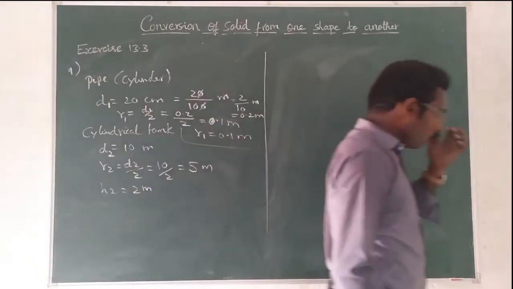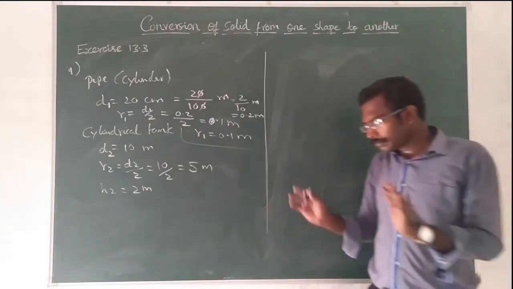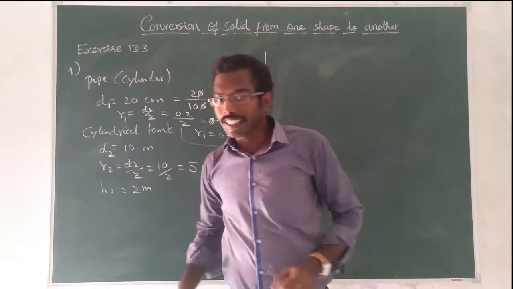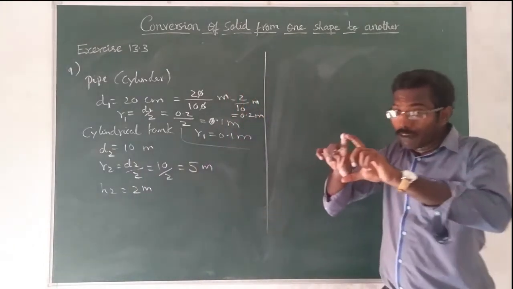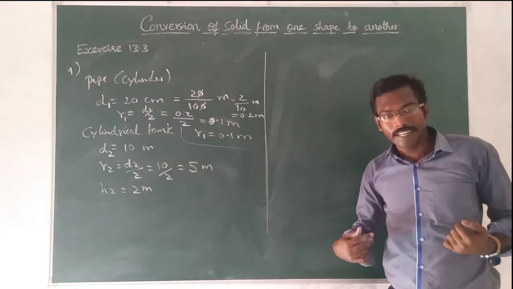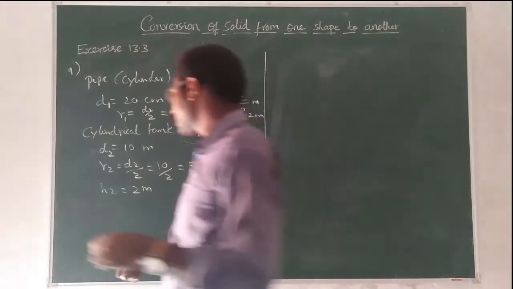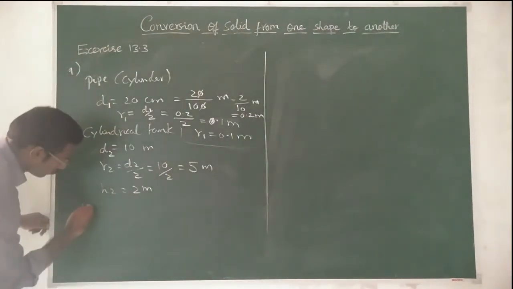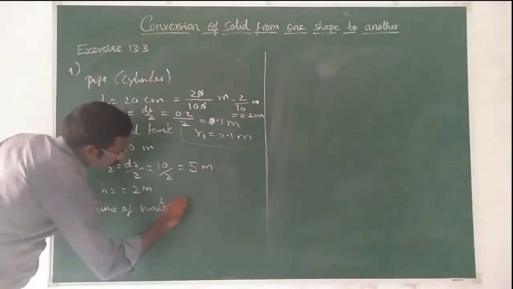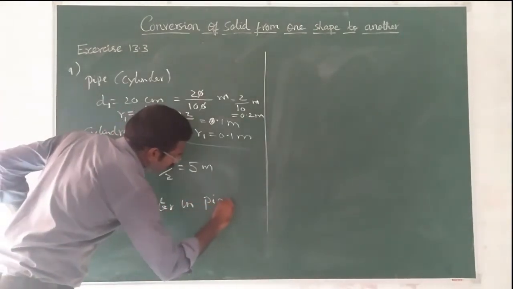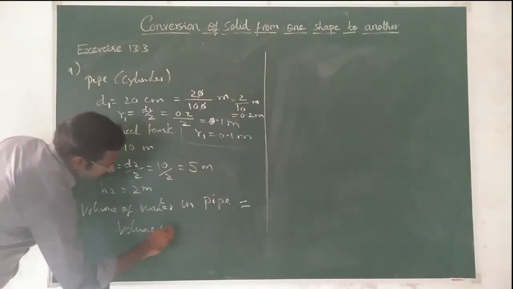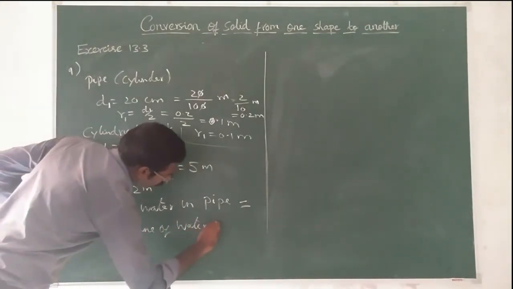So now how will you write? You see the water flows through the pipe and gets emptied in the tank. Therefore the volume of the water in the pipe is equal to the volume of the water in the tank. Okay, so you can write like this: volume of water in pipe is equal to volume of water in tank.